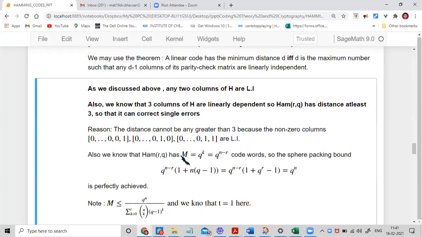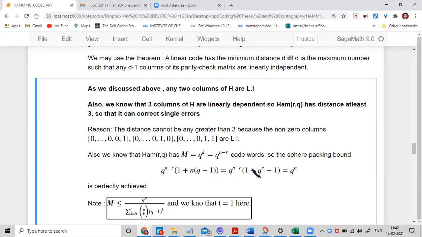Then what we used to write as A_q(n, d), here I have written M, A_q(n, d), which is less than or equal to the sphere packing bound. What I have written here is I have just taken this denominator to the left hand side and computed. Here the error correcting capability is t equal to 1. So the denominator is nothing but 1 plus n times (q minus 1).